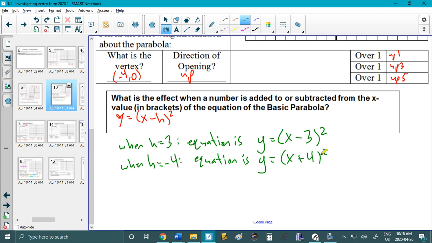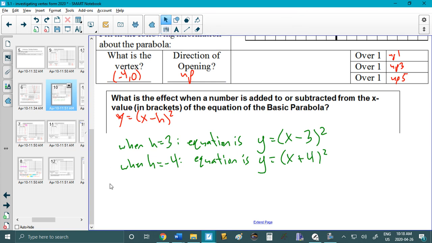Now I want to relate this to our previous unit. Remember in the brackets, if it was x minus 3, then the 0 was +3. So same idea here. If it's x minus 3, the x value of the vertex is +3. And if it's x plus 4, the x value of the vertex is -4.